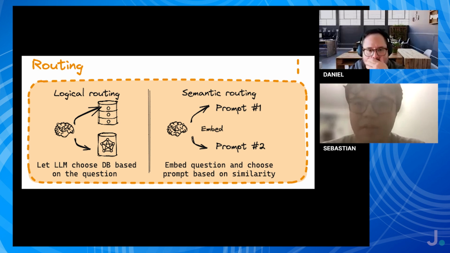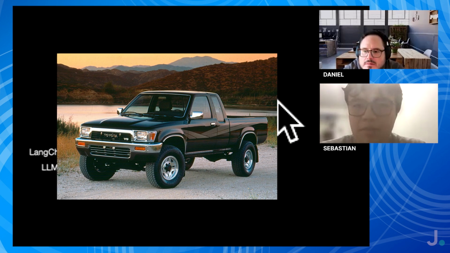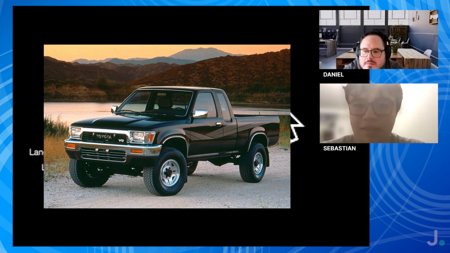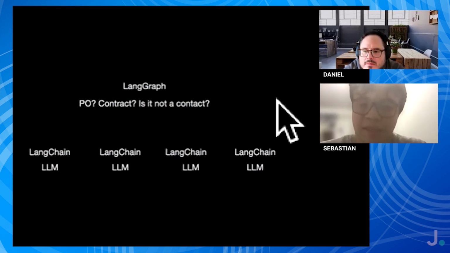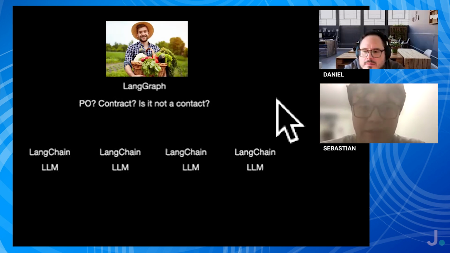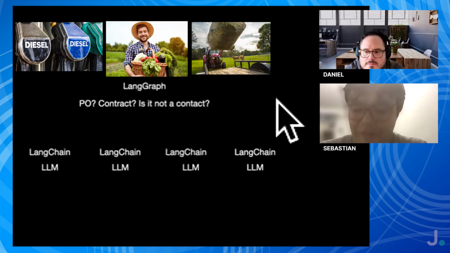So maybe the best way to put this is, I don't know, maybe Toyota is known worldwide because it has really reliable pickups. So maybe the input is, okay, there is a user who has a farm, likes diesel vehicles, and needs a vehicle to transport heavy products inside their farm.